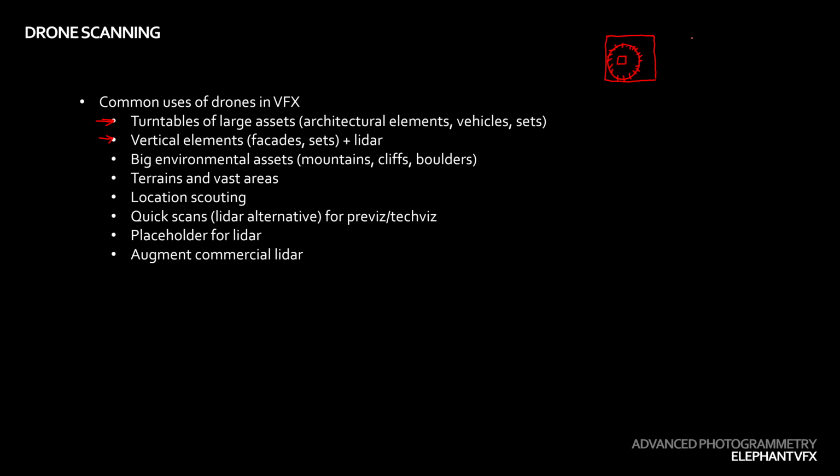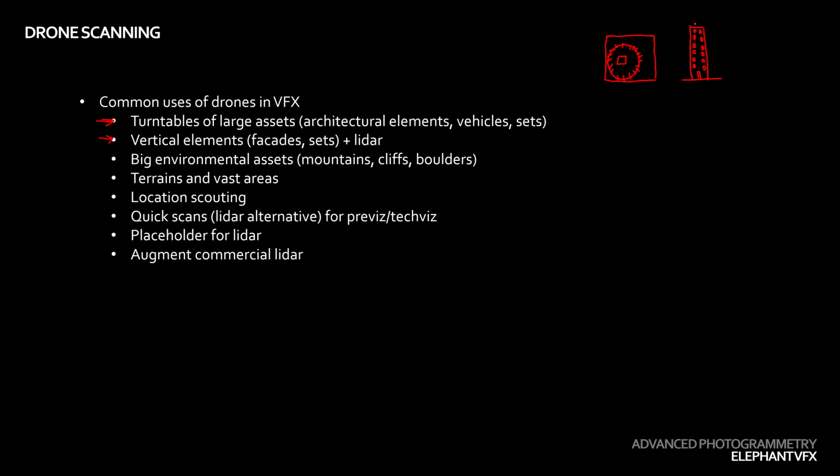So basically, you would have a building, right? So let's say this building is 10 stories tall, right? So this is a pretty tall building. And we need to scan only the facade, right?